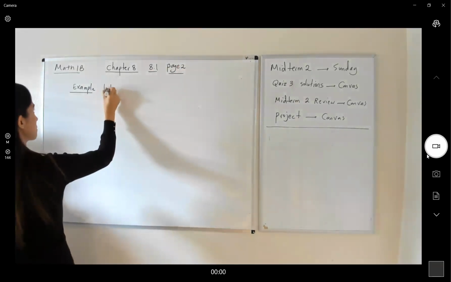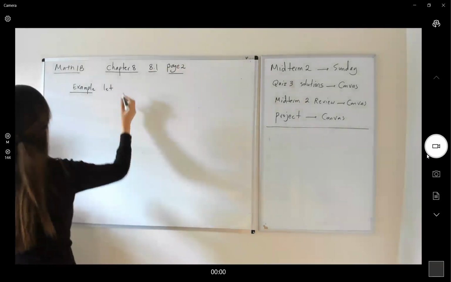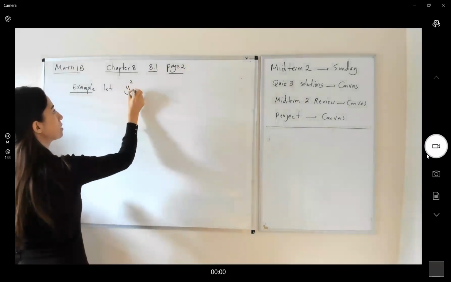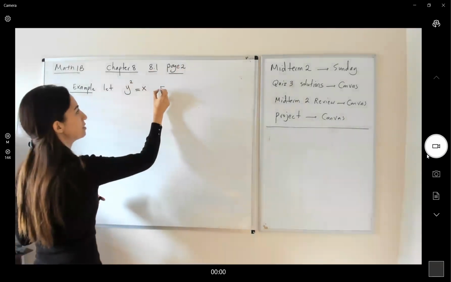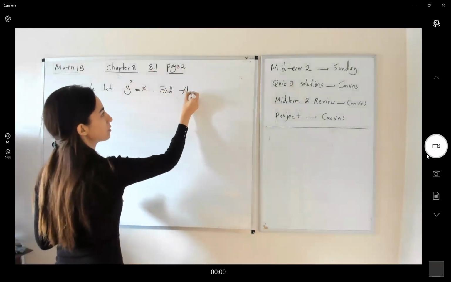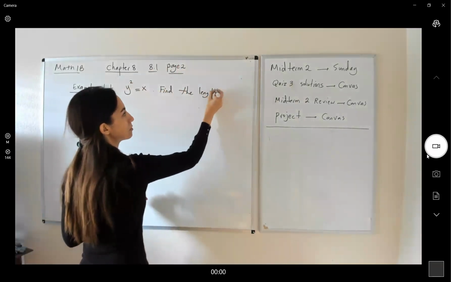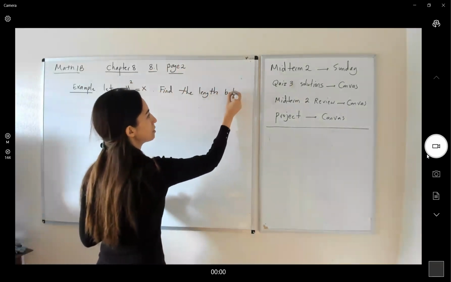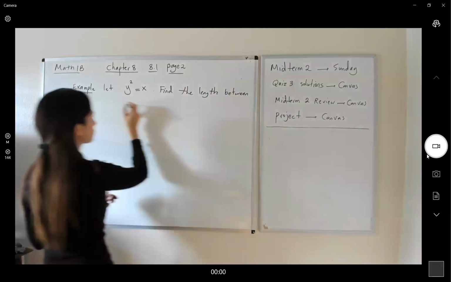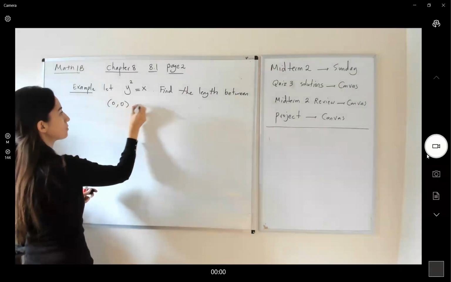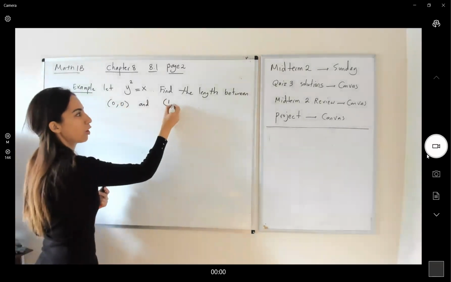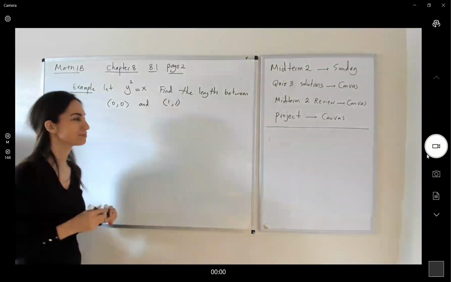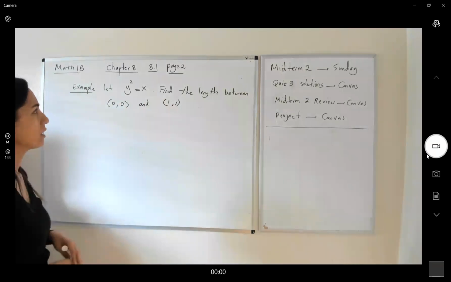Let y squared be x. The question says find the length between these 2 points, the origin and point (1, 1). Very well.